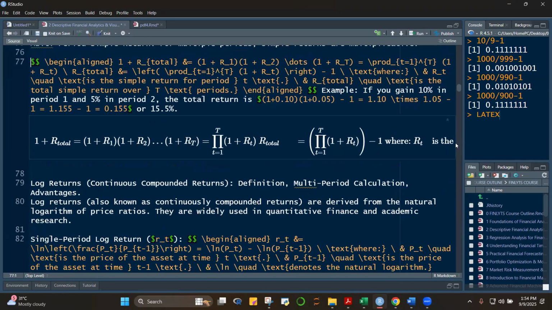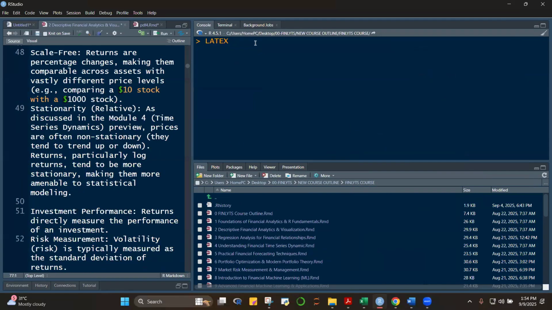So let's say you have the price of the asset: 10 and then 12, 11, 12, 11, 11, 10, 9, 8, 9, 10, etc. class. Suppose these were the prices of your assets. This was 1, 2, 3, 4, 5, 6, 7, 8, 9, 10. 10 days ago, 9 days ago, 8 days ago, etc.